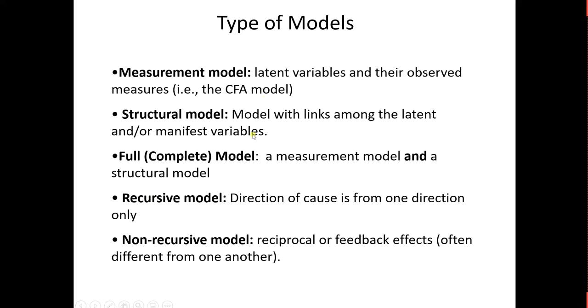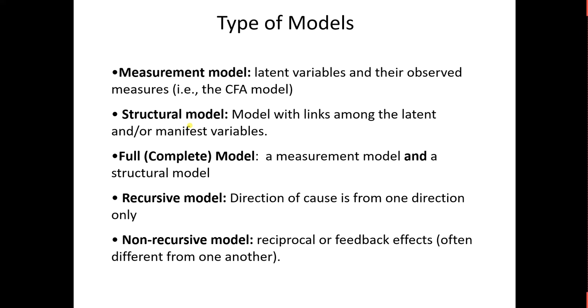And the path analytic models are called structural models or structural relationship models. In this model, we link the observed or even latent variables, and we define the causal relationship of the observed and the latent variables. Some models involve both measurement models as well as structural relationship models.